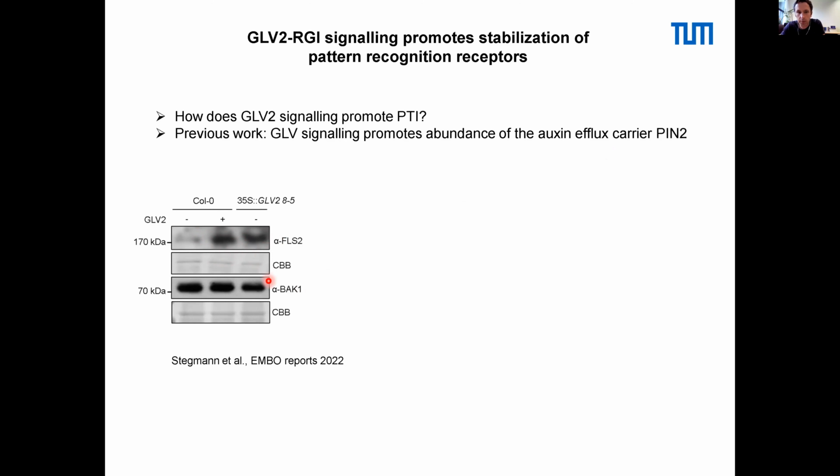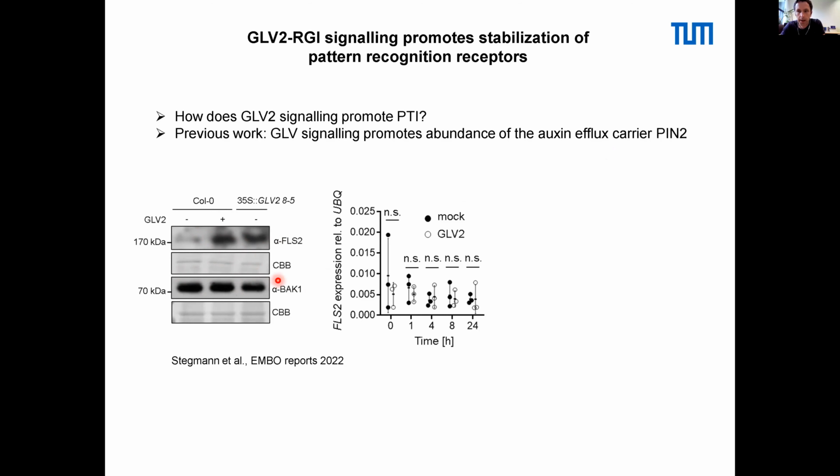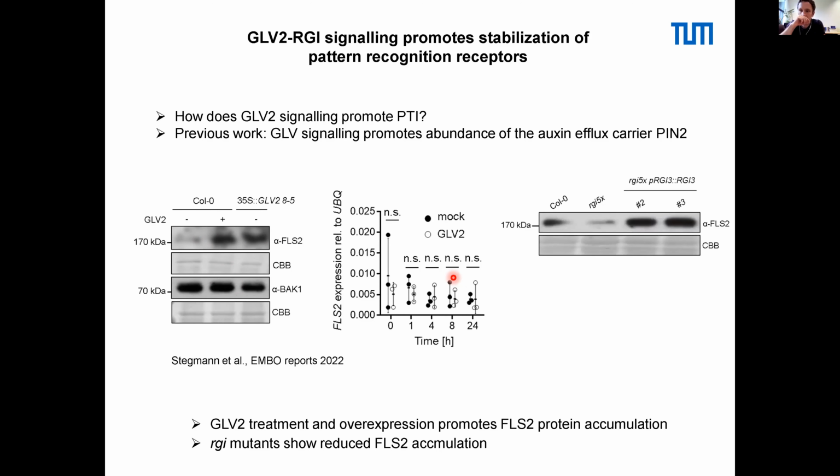But this does not seem to be a general effect, as the levels of the BAK1 co-receptor were unaffected. And interestingly, this happens on a post-transcriptional level, because the transcript abundance of FLS2 is not affected by the Golvin-2 peptide treatment. And consistently, the RGI quintuple mutant now showed also a reduced FLS2 accumulation, which can be complemented by expressing RGI3 in the mutant background.